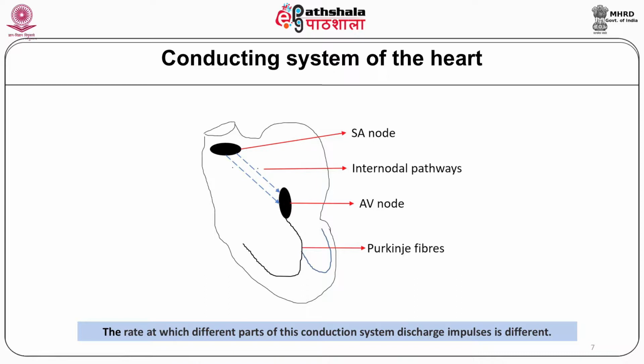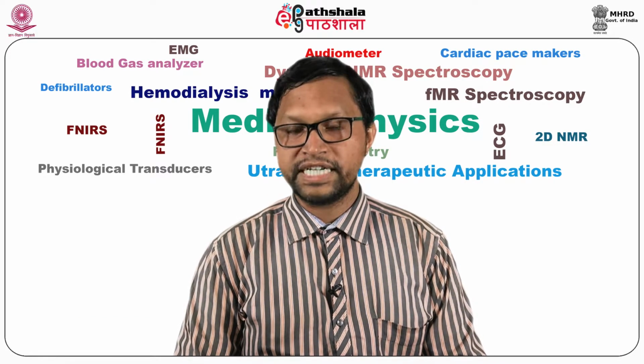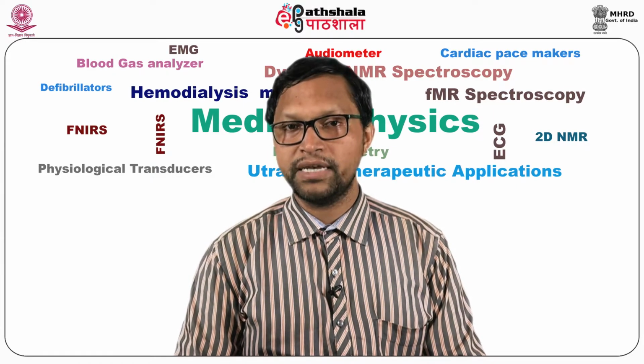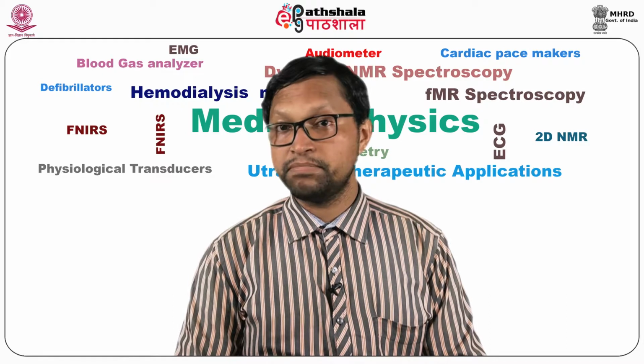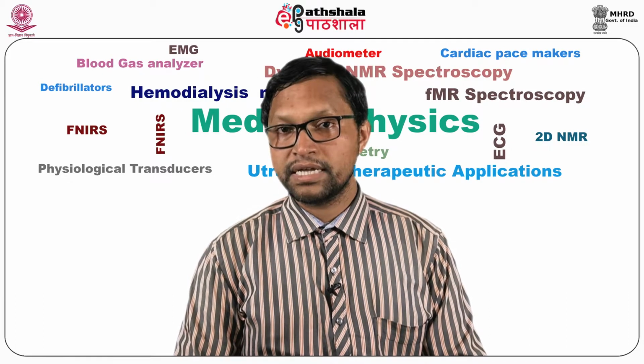One, automaticity. Second, rhythmicity. Automaticity is the property of a tissue to generate impulses spontaneously, while rhythmicity means that the impulse is generated at regular intervals.